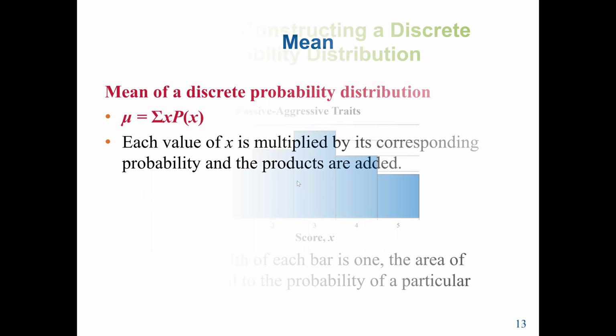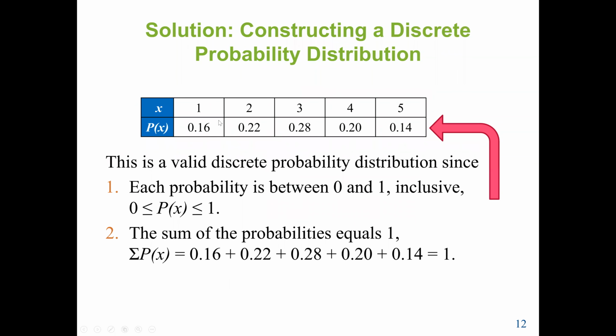What this means is that, let's go back to our previous example. If I want to find the mean of this discrete probability distribution, I will multiply 1 by 0.16, 2 by 0.22, 3 by 0.28, 4 by 0.20, 5 by 0.14, which means I multiply each X value by its probability.